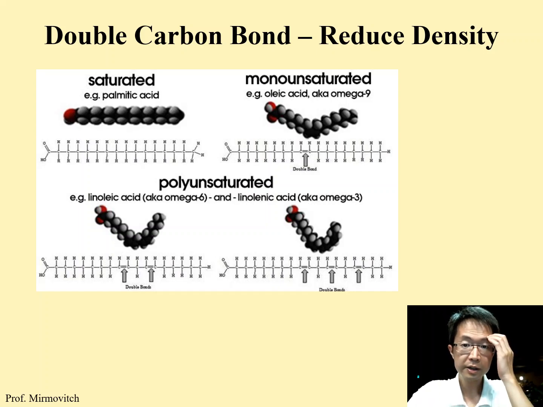As you can see in this picture, the more double bonds you have, you have one double bond here, two double bonds here, and three double bonds here, the more severe the bend of the fatty acid chain is.